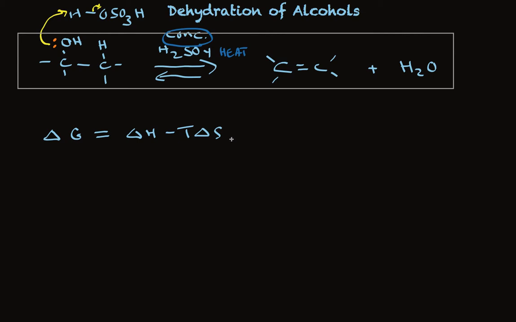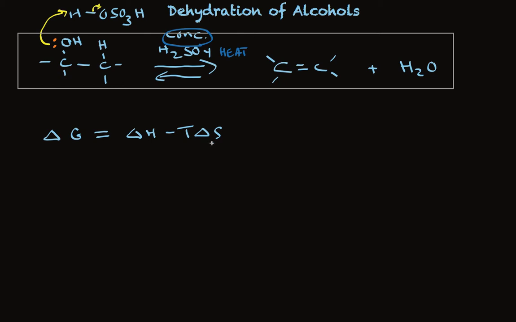Now you recall that when the change in entropy is positive, meaning more disorder, we are multiplying two positive numbers, temperature and entropy, which means this term itself is negative and increases the negative value of delta G. Negative values are good, favor products. So increasing the temperature increases the importance of the change in entropy.